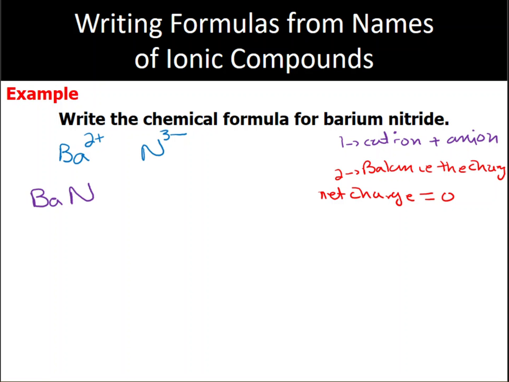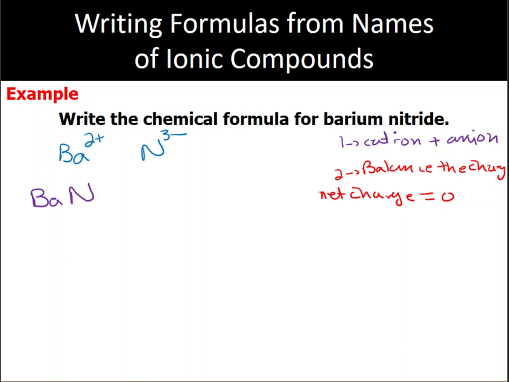So we want to change the number of cations and anions in a way that at the end, the net charge on your ionic compound is 0. When you adjust the number of cations and anions, keep in mind that you always have to use whole numbers. You can't have fractions. So, barium is 2 positive, nitrogen is -3.